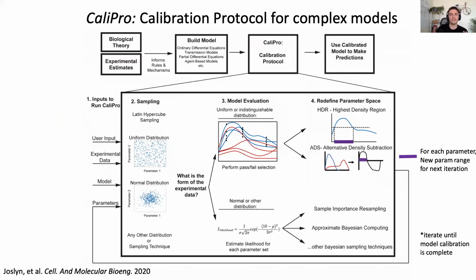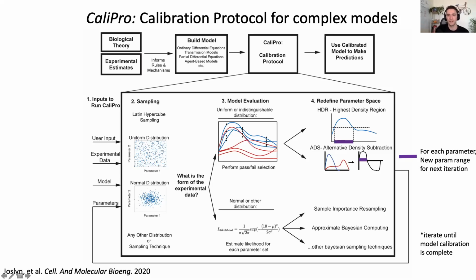So following the redefining of parameter space step, once you've done this for each parameter within CaliPro, you now have these sets of new parameter ranges that you can resample within, rerun the model, and reevaluate how well those model runs fit within this now narrower and more redefined parameter space. You can work iteratively in this fashion until the model calibration is complete, according to what you decided earlier was your termination criteria.